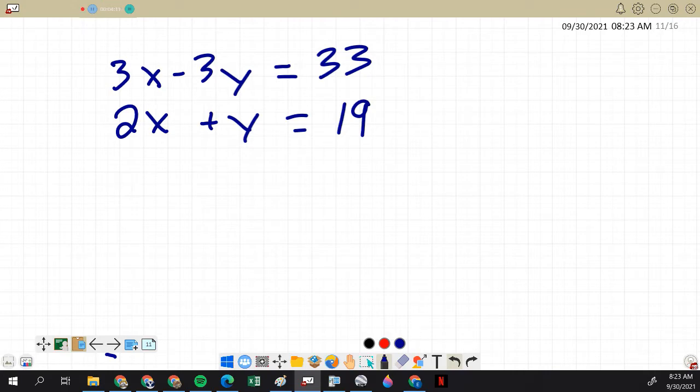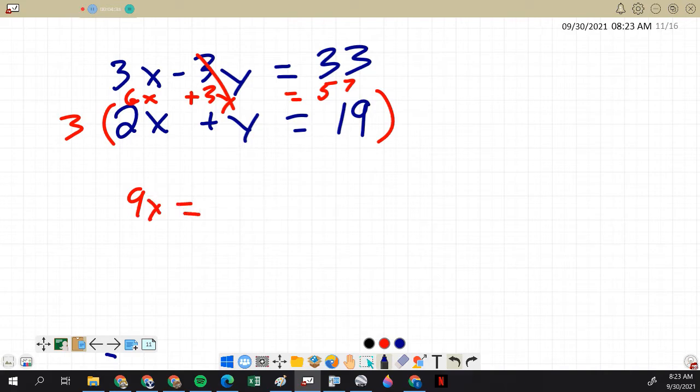So I'm going to multiply this by 3. And I get 6x plus 3y, and then that's, so 3 times 20 would be 60, so 57. Now my y's will eliminate. 9x equals 90.